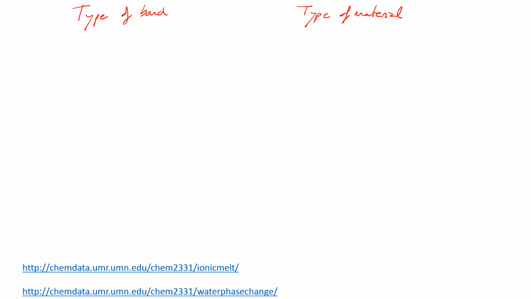We have seen that when you're mixing a metal with a nonmetal, the bond can be ionic. When you're mixing a metal with another metal, that is metallic. And when you're mixing a nonmetal with a nonmetal, you see a covalent bond.